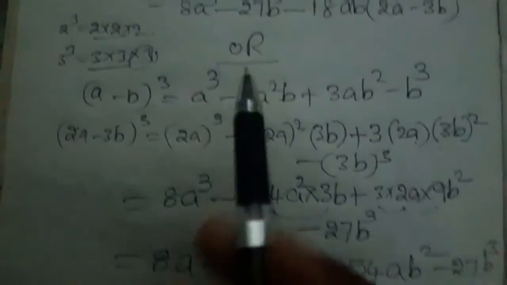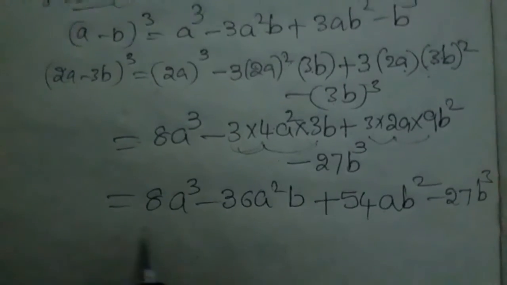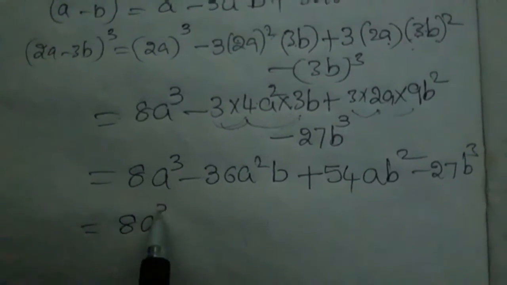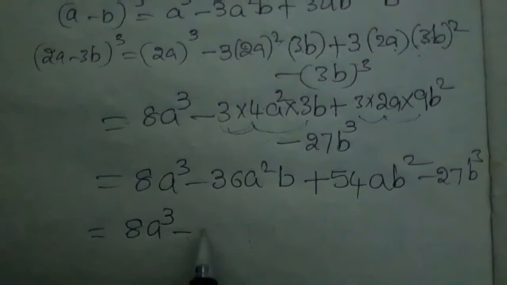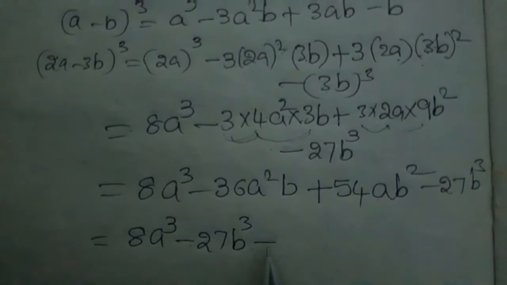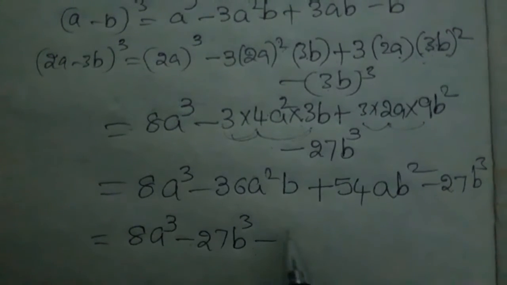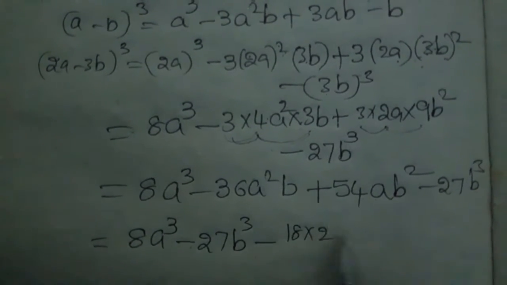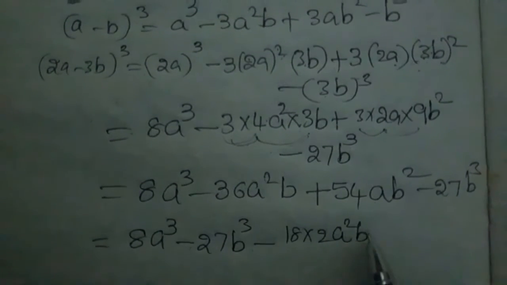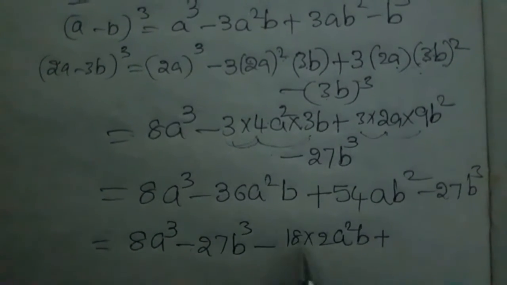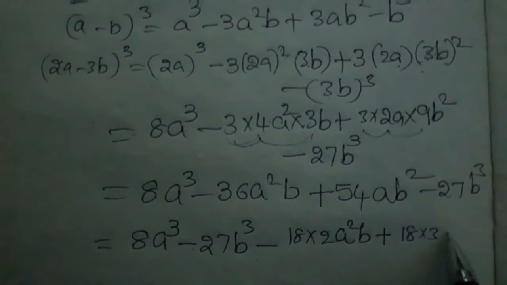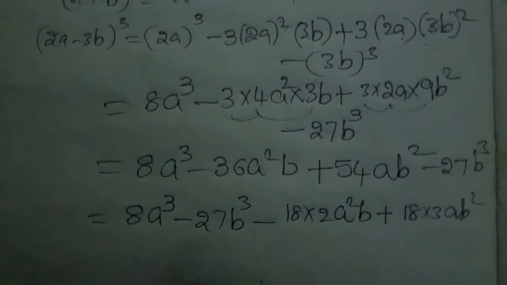This can be changed into this form. That equals 8a cube, bring this minus 27b cube in front. Next minus 18 2s are 36, a square b. Next plus 18 3s are 54, ab square.